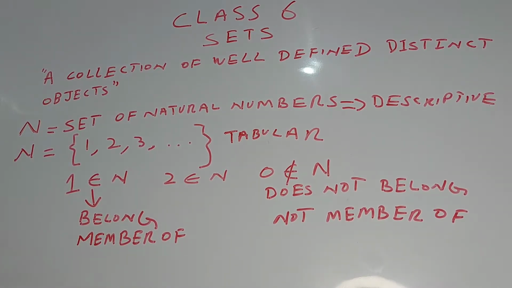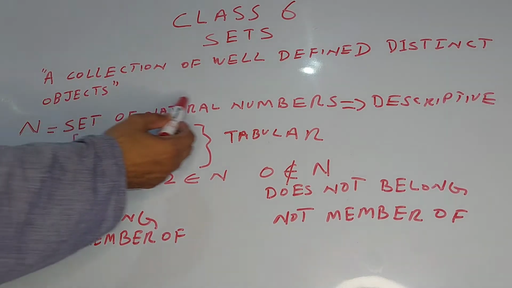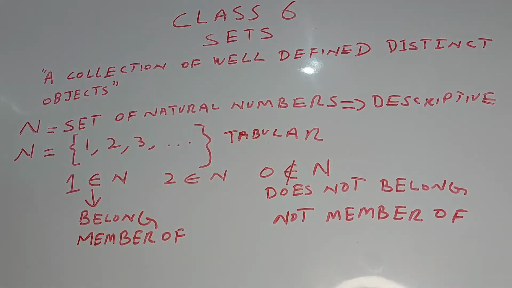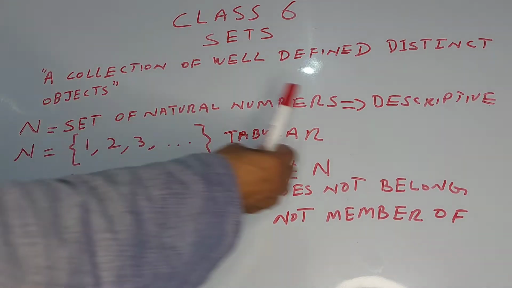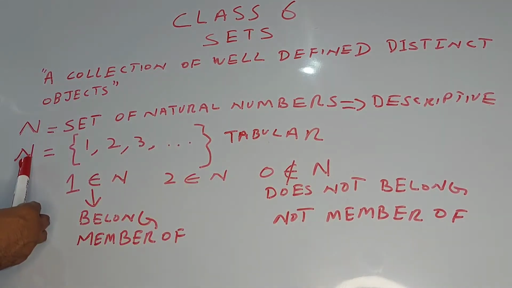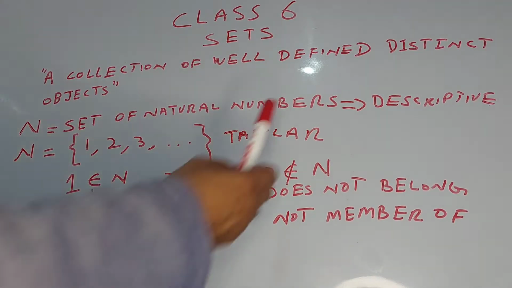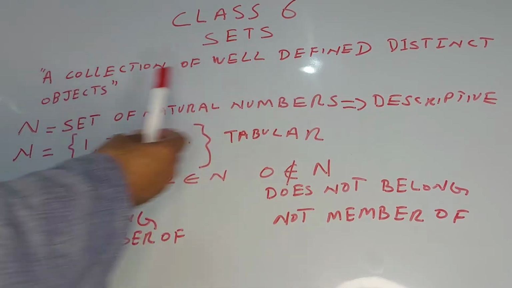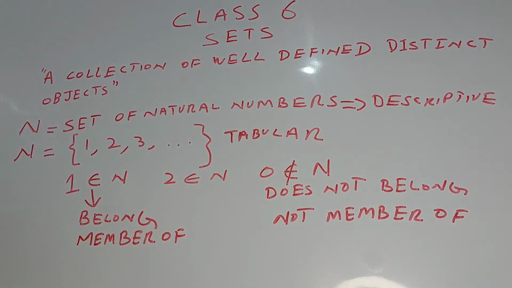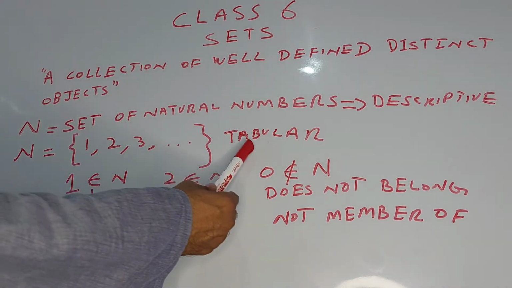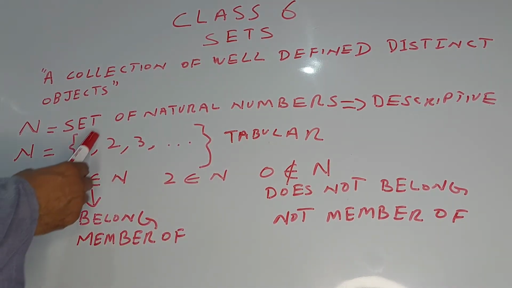For example, N is a set of natural numbers. So we can represent sets in two forms. One is descriptive form and another type is tabular form. In descriptive form we use words, set of natural numbers, set of fingers of hands, and in tabular form we use the numeric figures.